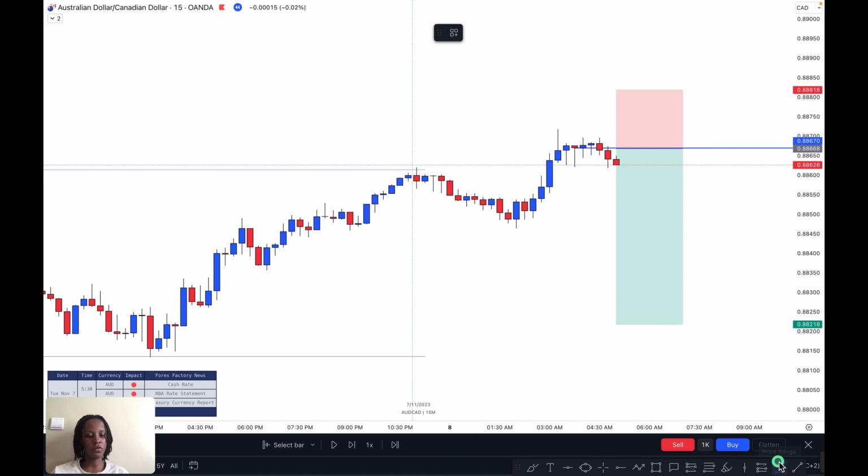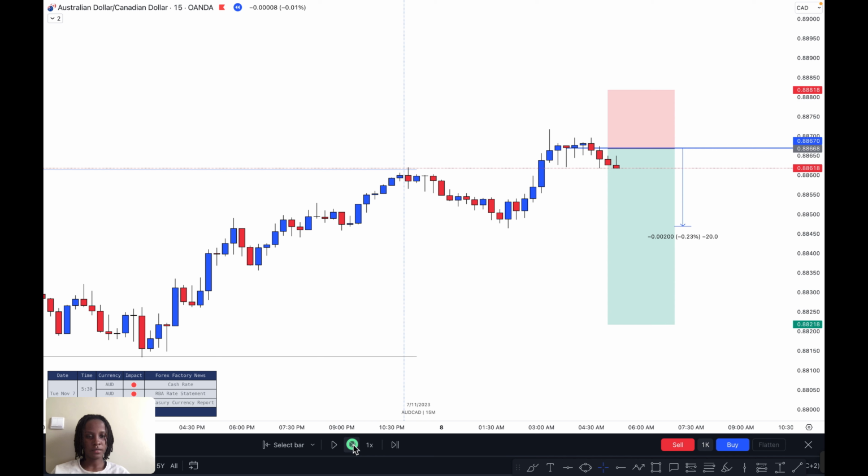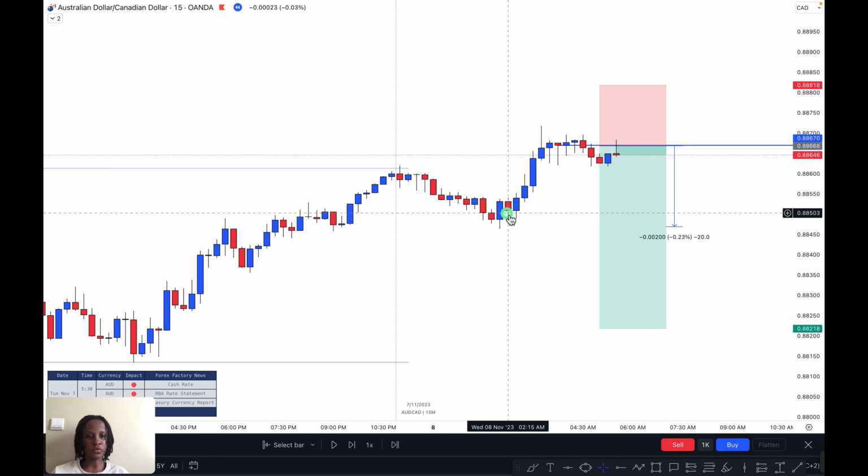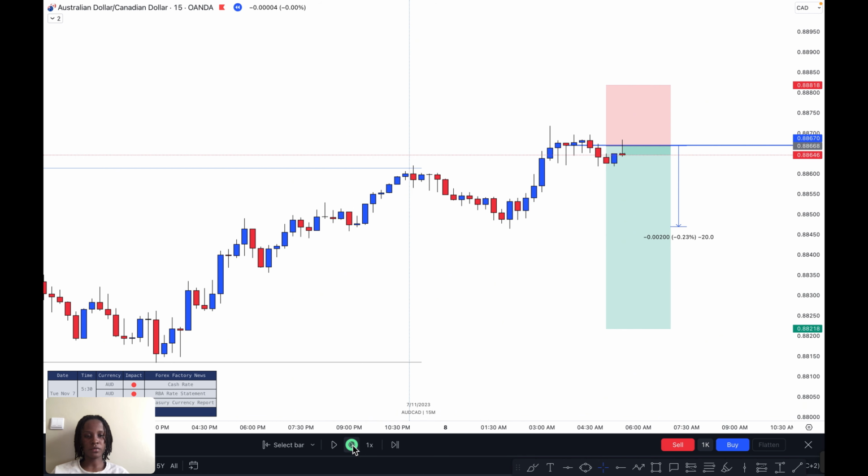So what I do is I go here and I measure 20 pips. 20 pips, it's somewhere here. Okay, there. So let's see. Okay, you can see there price came and tagged you in. So let's see what will happen after.